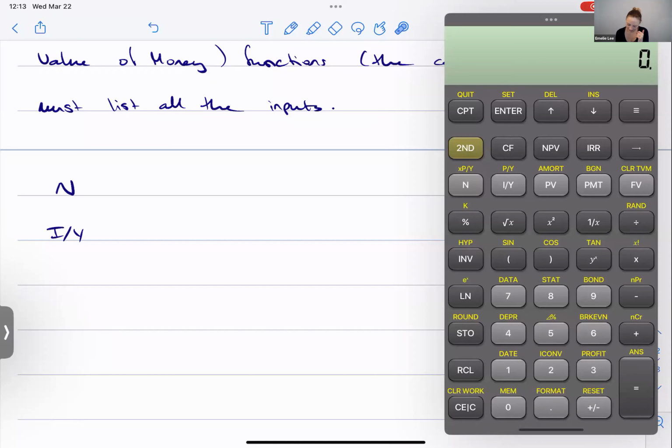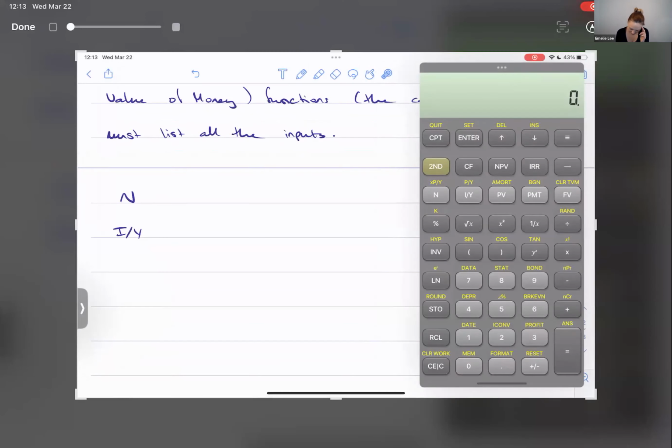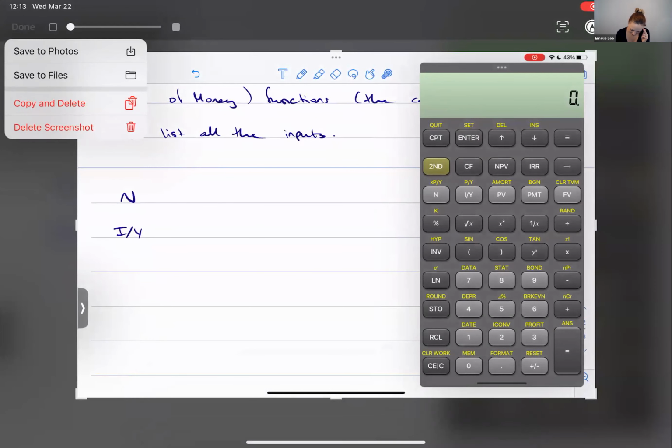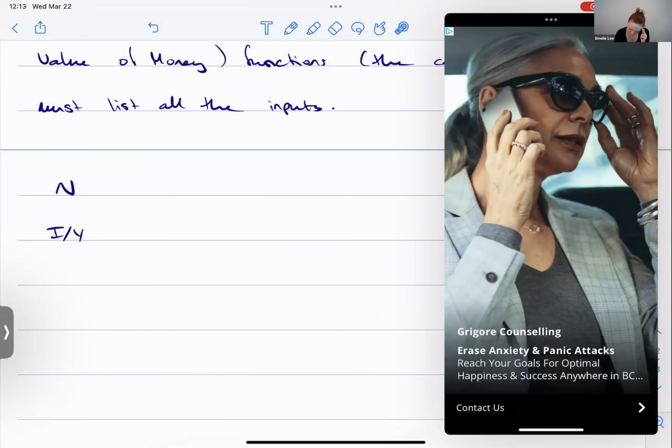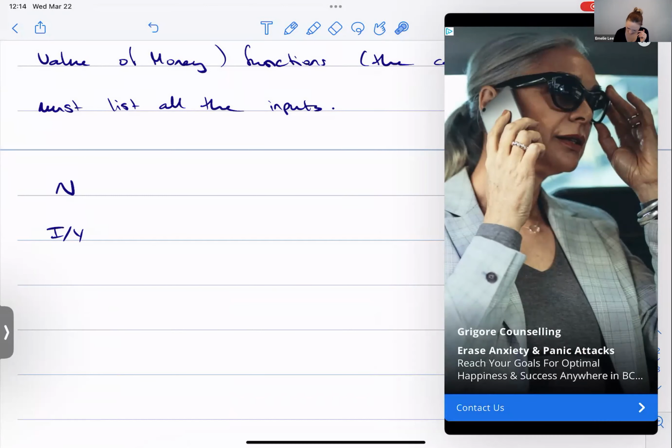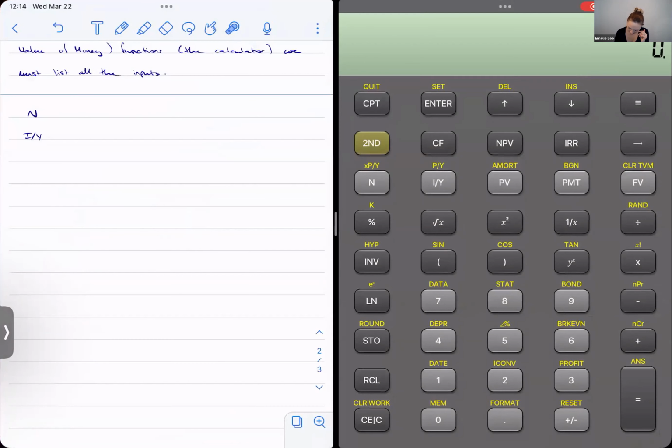Okay, and then we're also going to have the payments per year, and the new one that we're going to introduce. Maybe I'll take a screenshot here so that I can... Oh, that's what I get for using a free app. There.